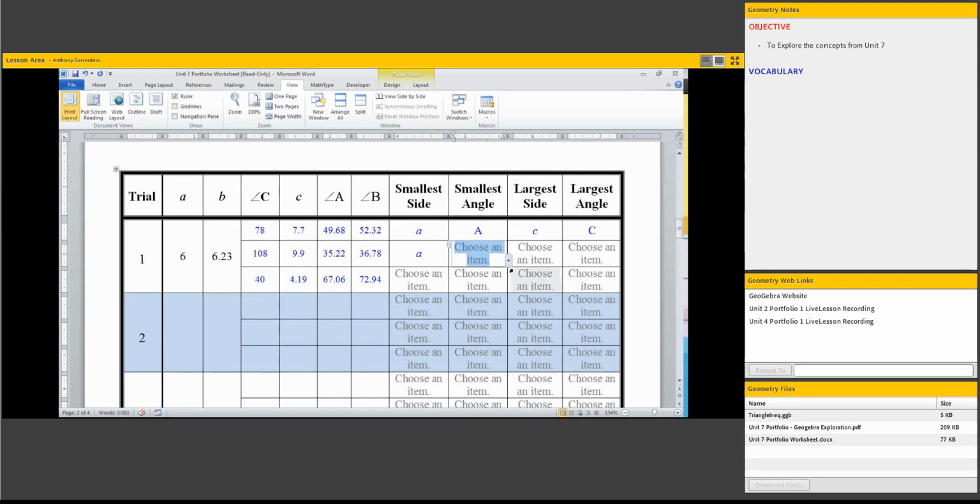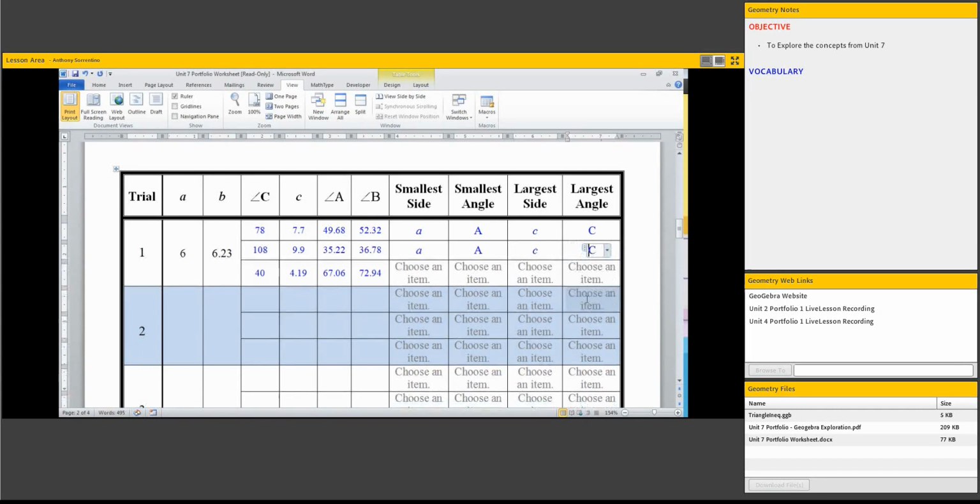So it's angle A again. The largest side, well, C is at 9.9, which is bigger than the other two, which are at 6 something, so it is C. And the largest angle was C at 108 degrees. And you should be noticing a kind of pattern going on here, which goes with the rule that we talked about dealing with the geometry stuff.